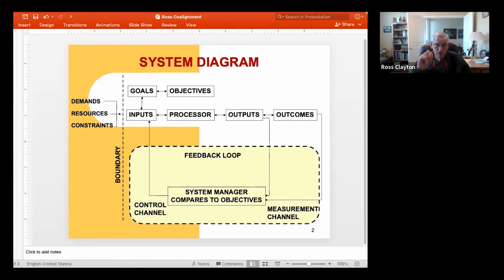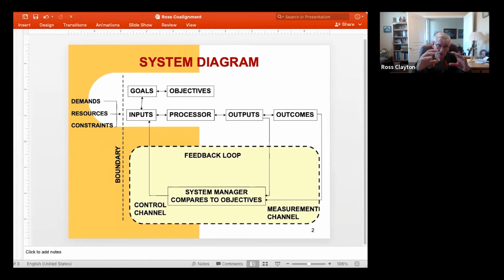The objectives are shorter range, like you might use in management by objectives. You set out some objectives for the next year or even for the next 3 or 4 years, and you strive to meet those. And the way you do those is to take your resources as inputs into your system, and the processor strives to convert the inputs into outputs.